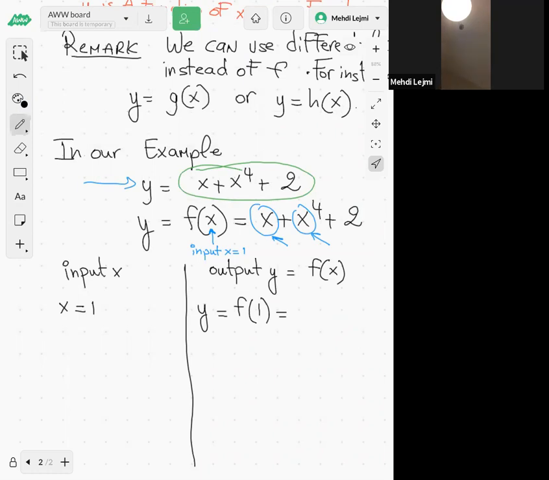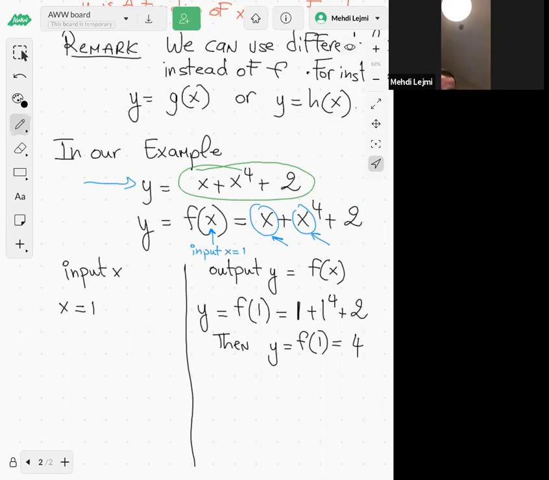The x is equal to 1, so that's 1 plus 1 to the fourth plus 2. Right? And 1 plus 1 plus 2 will be equal to 4. So then y, which is f of 1, my output y, is equal to 4. Okay.